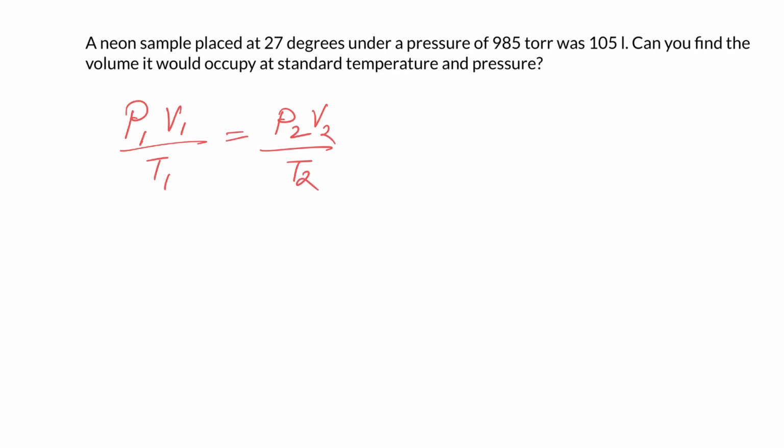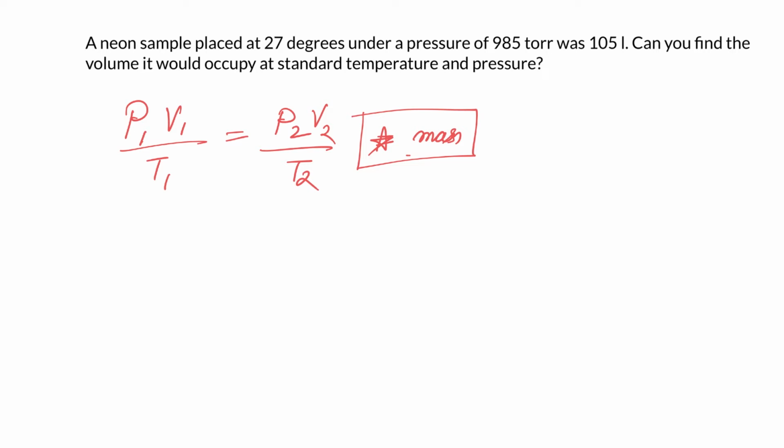Remember, Boyle's law had temperature as a constant. Charles's law has pressure as the constant. This law has mass as constant. Also, mass was constant in those two laws as well. So here, the only constant thing is that the mass of the gas doesn't change. You don't add or take away anything, right?